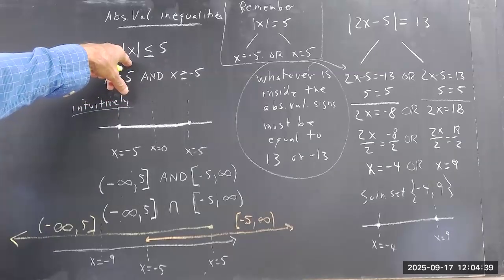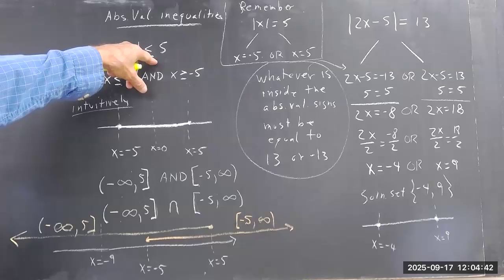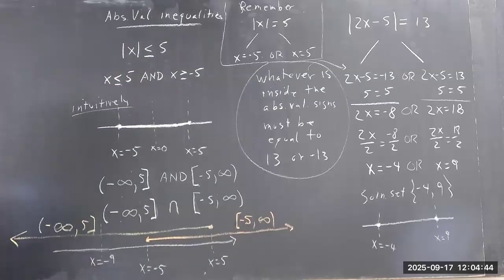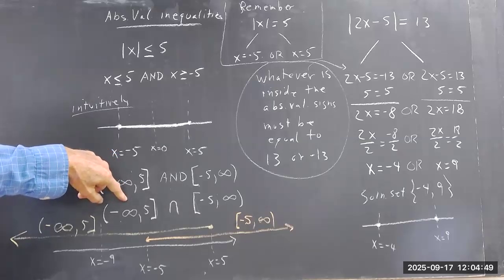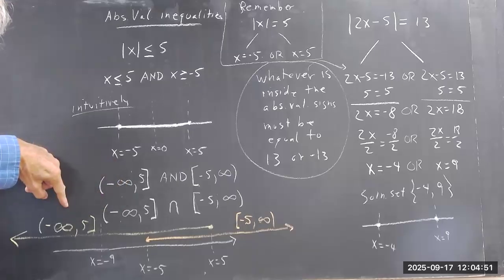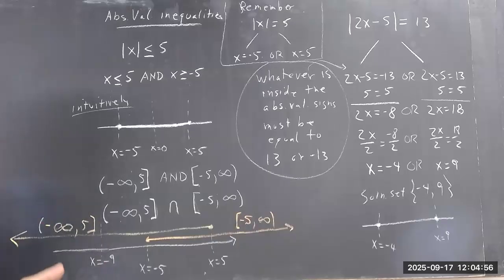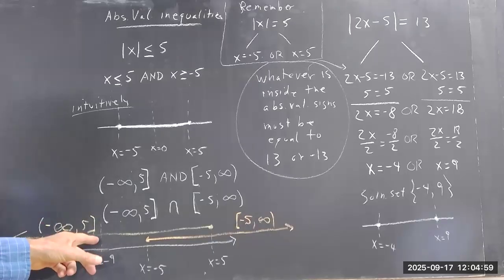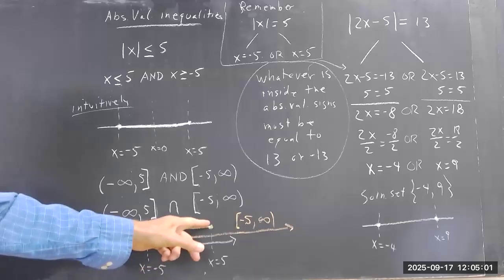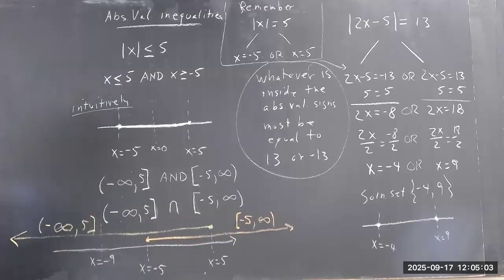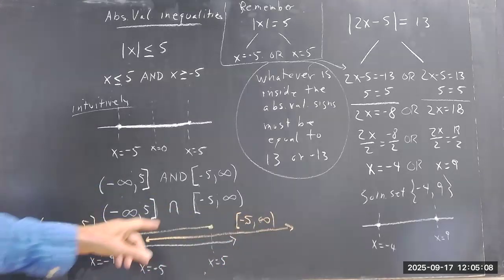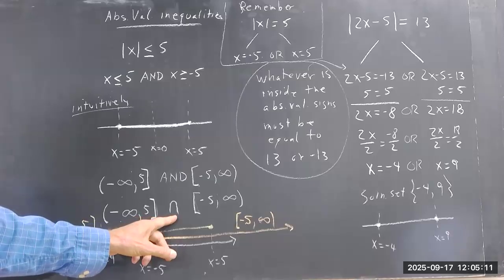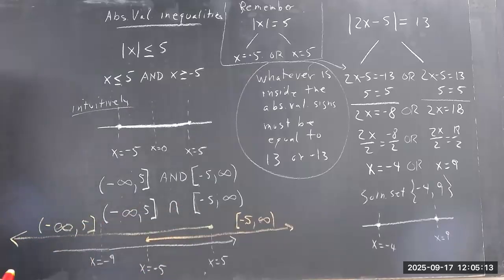The absolute value of -9 is 9, and it's not less than or equal to 5. Is x equals -9 in this set? This is the set that's in yellow. Is x equals -9 in that set? Well, sure, x equals -9 is right there. It's in the yellow. Is x equals -9 in the orange? No, it's got to be in both. Okay, so x equals -9.